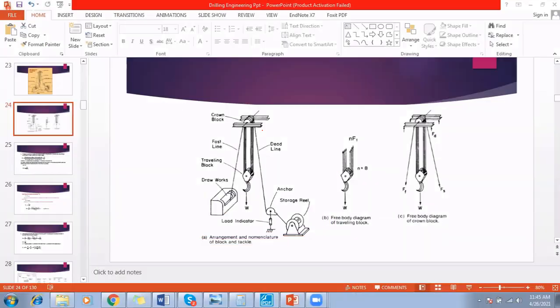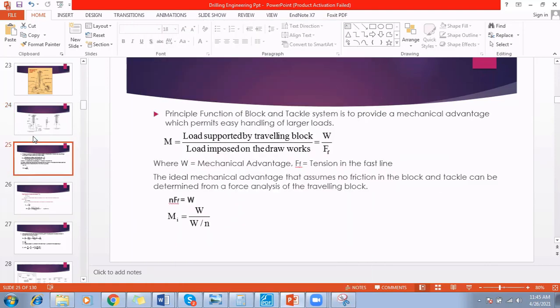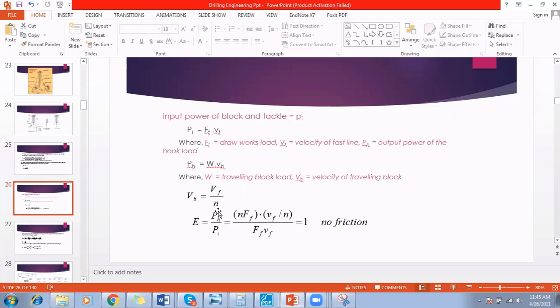Okay, students, I want to hear this from your side: why is this load called the hook load? This is actually the output load, the output power, and it is sometimes called the hook load, or hook load power. Here you can see this is PH, sometimes called the output power of the hook load.